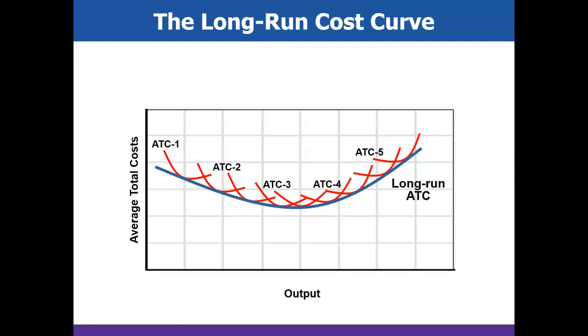As we noted in class last time, we develop a smooth long run cost curve by examining the minimum points of multiple ATCs, multiple possible cost curves based on a variety of different resource combinations. You can think of this as a firm that might imagine itself really small, like a small bakery in a strip mall.